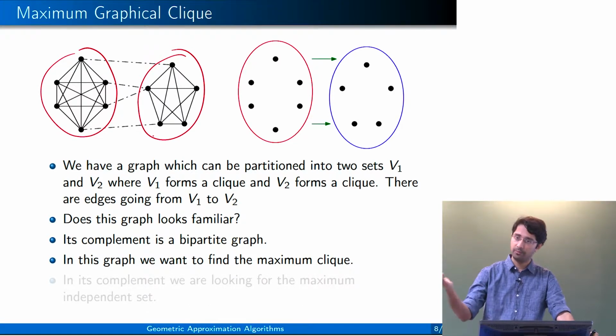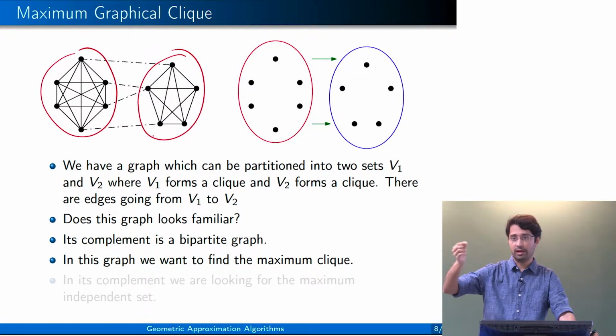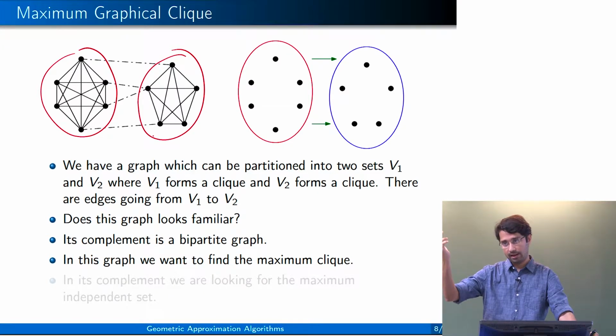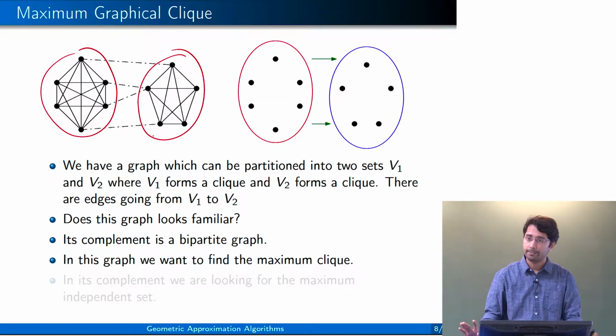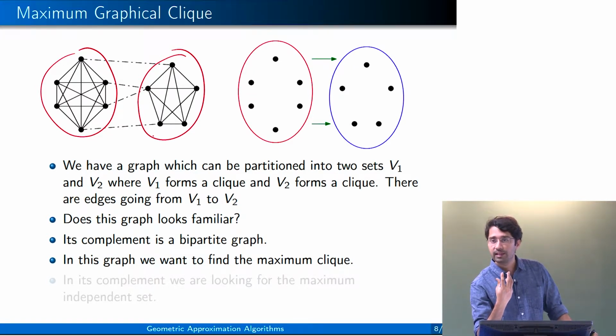It is a graph with the same vertex set, but the edges become non-edges. Suppose there is an edge between A and B, then there will be no edge between A and B, and if there is no edge between A and B, there will be an edge between A and B. So, non-edges become edges, edges become non-edges, and the vertex set remains the same. So, the question is, if a set of vertices forms a clique in G, what do they form in G complement? Independent set, right.